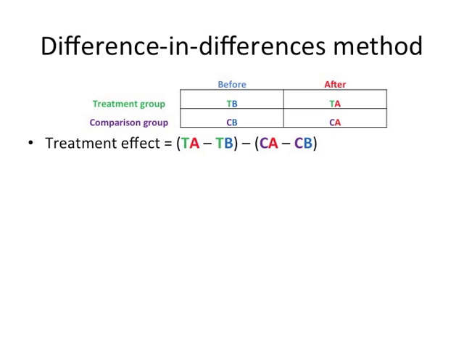This table sums it up. We collect 4 sets of data, that is, in each village, both before and after the program has taken place. The effect of the treatment is then the difference between outcomes before and after the program in the treatment village minus the difference in outcomes before and after the program in the comparison village.